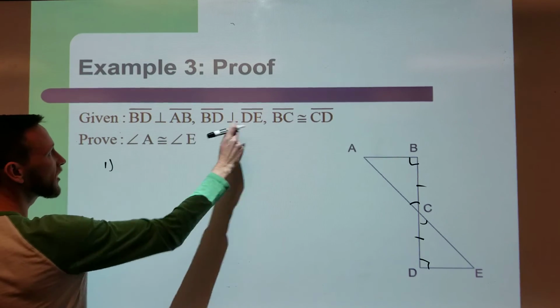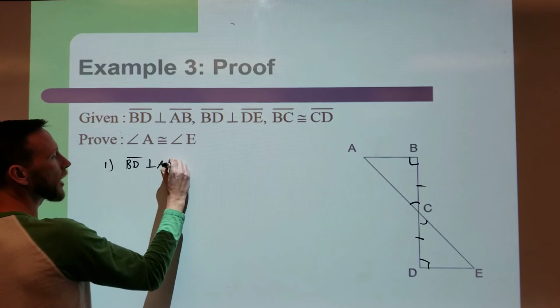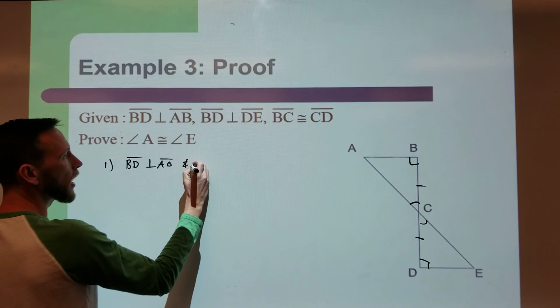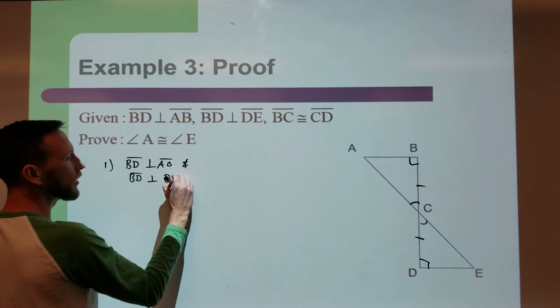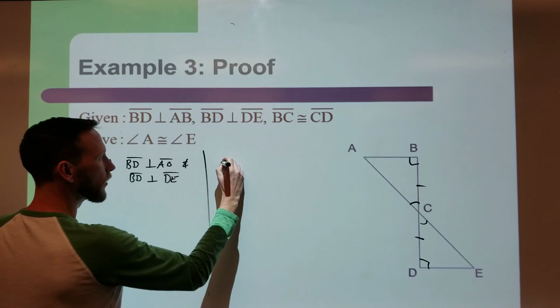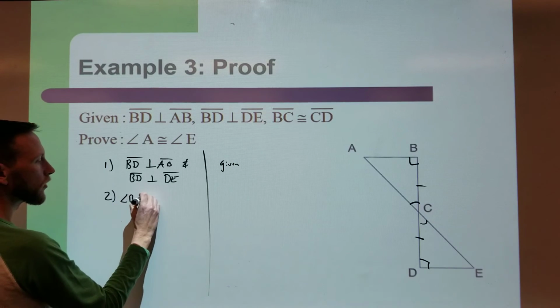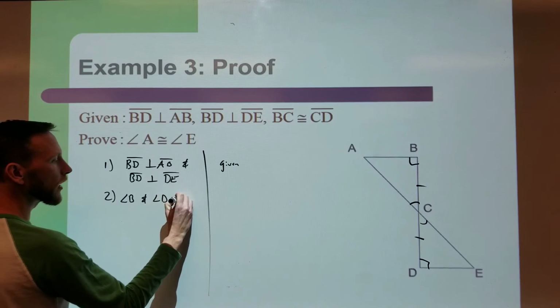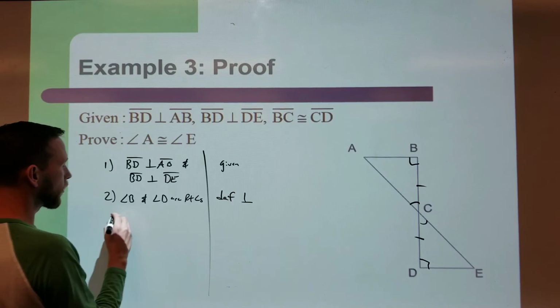I'm going to start with this given information, these 2 statements here, that BD is perpendicular to AB, and BD is perpendicular to DE. This is given, which means that those angles are right angles by the definition of perpendicular.